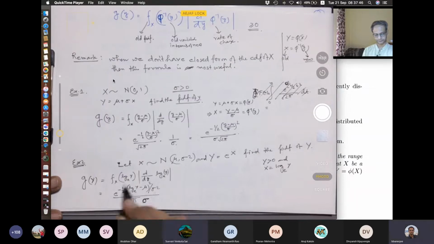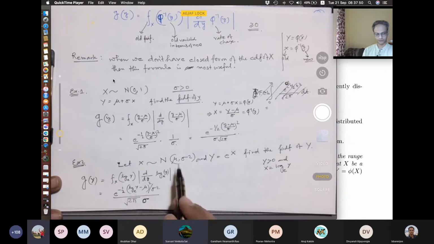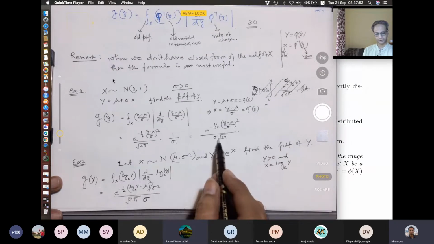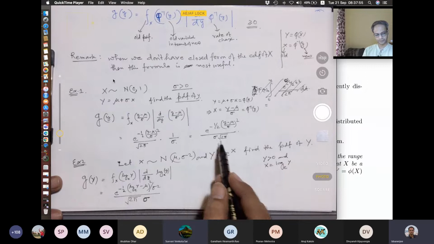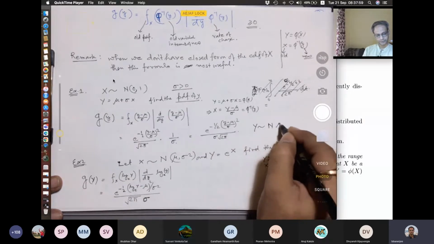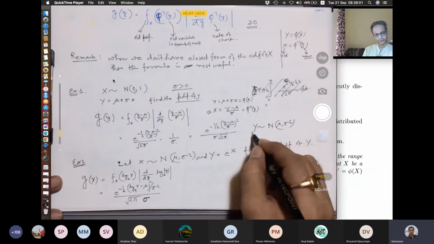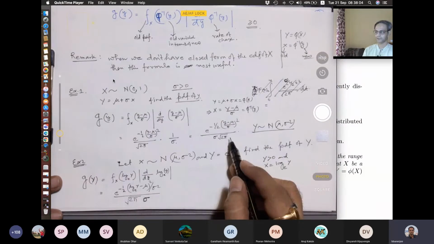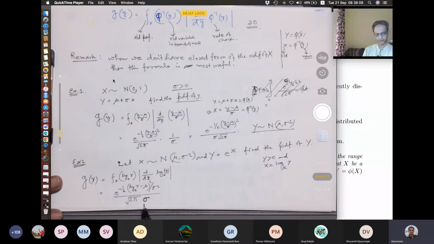Sir, I didn't get why the sigma comes in the denominator here. Here y follows normal mu sigma square, right? So this is the PDF of normal mu sigma square. I am following that PDF only. In place of y, we are writing log of y because x is following normal mu sigma square.